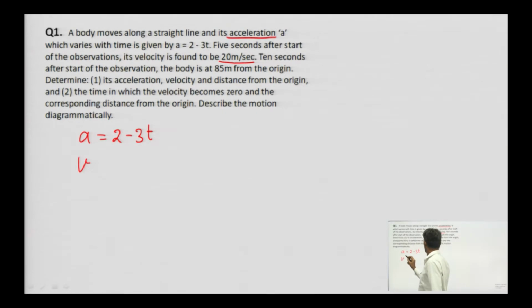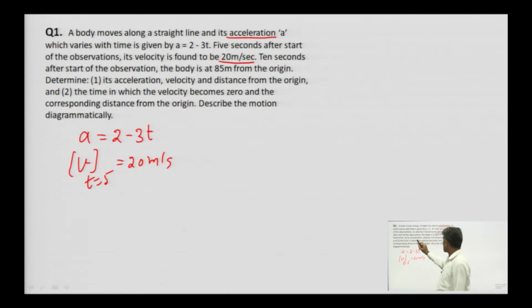Velocity v at t is equal to 5 is 20 meter per second. 10 seconds after the start of the observation, the body is 85 meter from the origin, meaning displacement is given: at time t is equal to 10 seconds, the displacement is 85 meter.